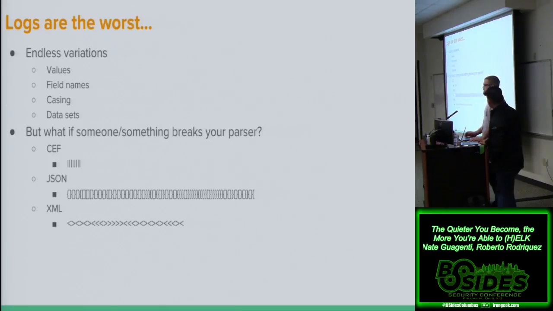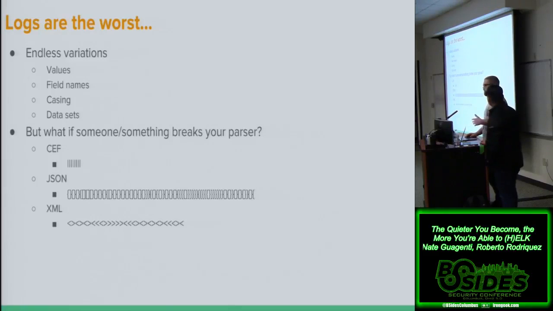And not only that, there are possible ways to break your parsers. I don't know exactly if these work, but if you want to break SEP, just throw in some pipes; JSON, throw in some curly braces; XML, just throw in some greater-than signs, as an adversary. Just add it in the command line or the scheduled task.